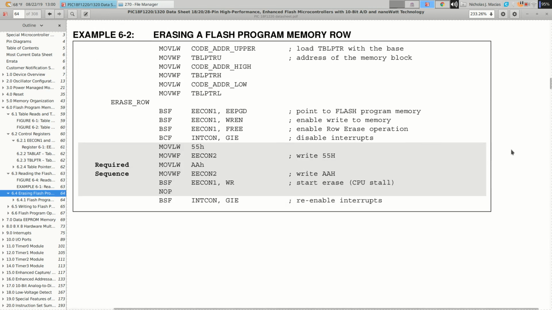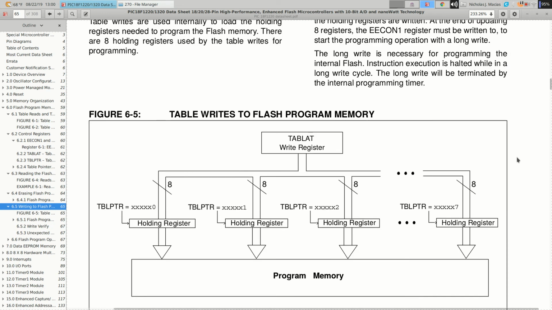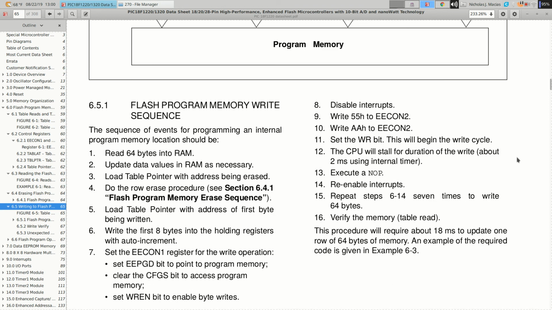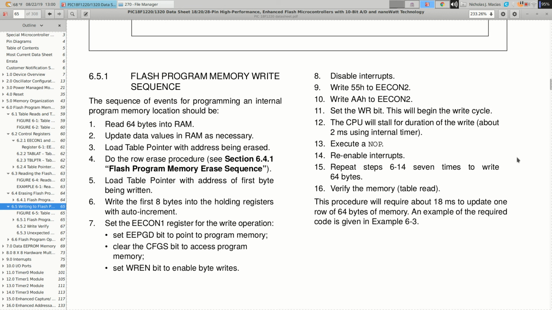So there's your program for erasing something from Flash, and then to write, you have to go through all of this stuff. So a simple 16-step procedure. And it takes about 18 milliseconds to do 64 bytes. So if you want to have fun with something and you're stuck on a desert island with a PIC processor, you can dig into this stuff.